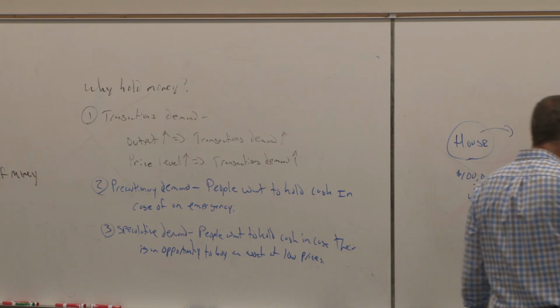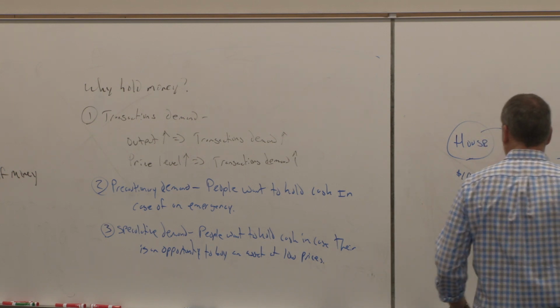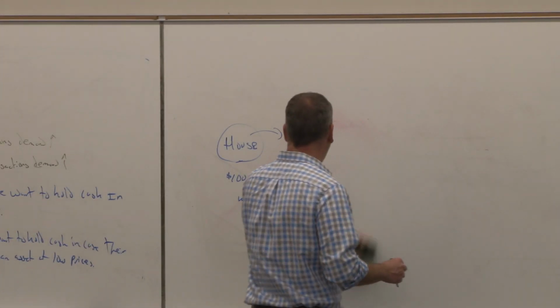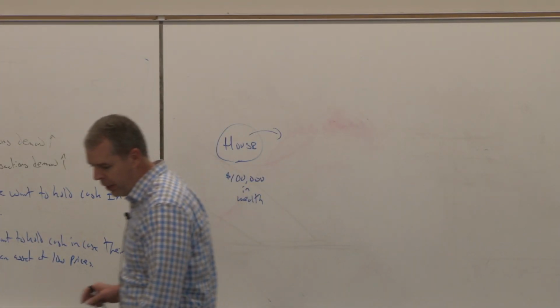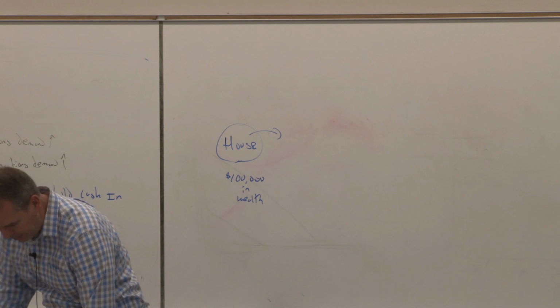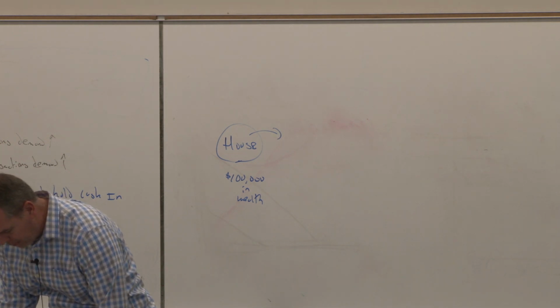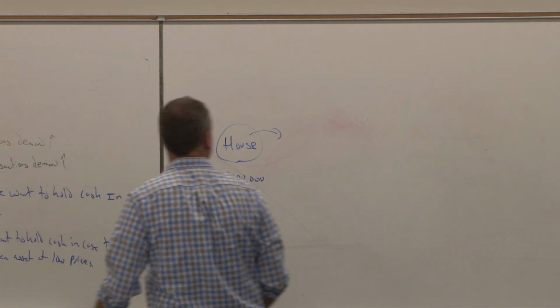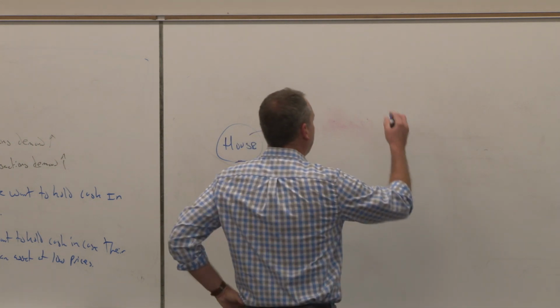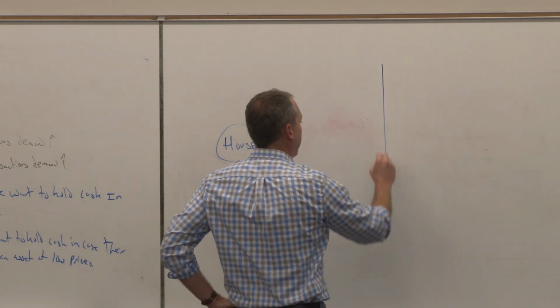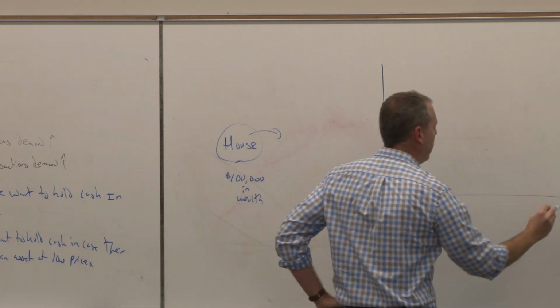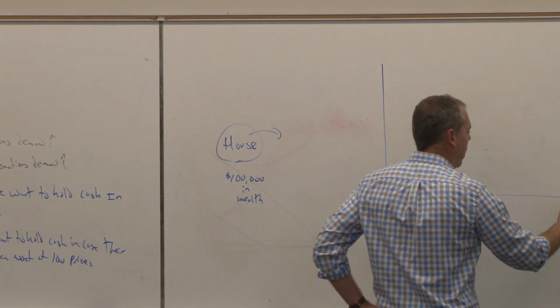So let's combine these two together, right? Because we know that when we're looking at our supply of money, our supply of money was just some number. It's just some number in some given time frame, right? So here's our quantity of money.